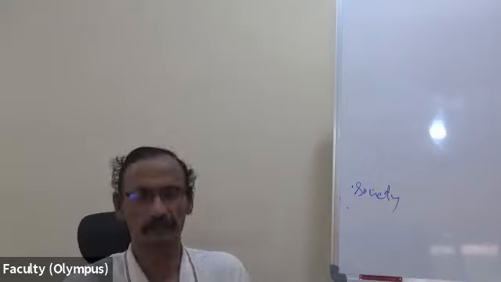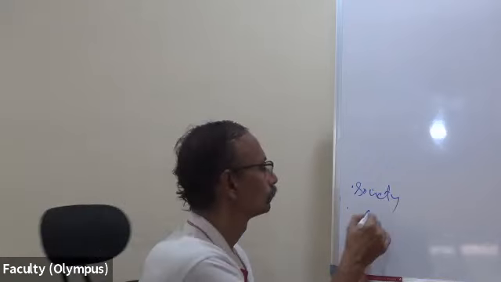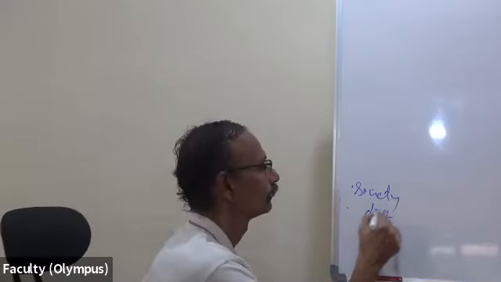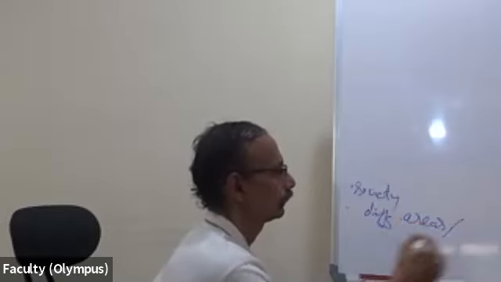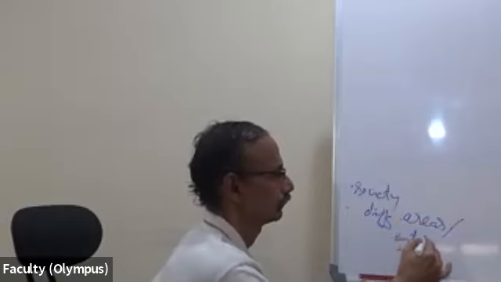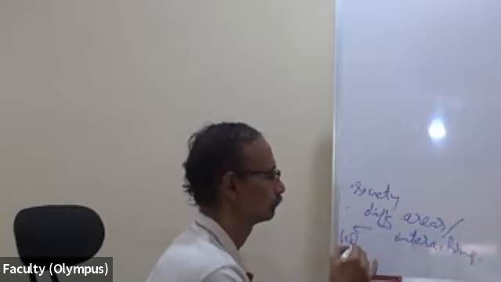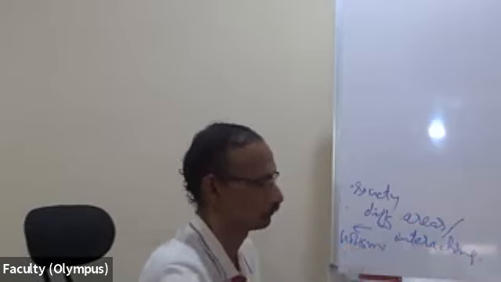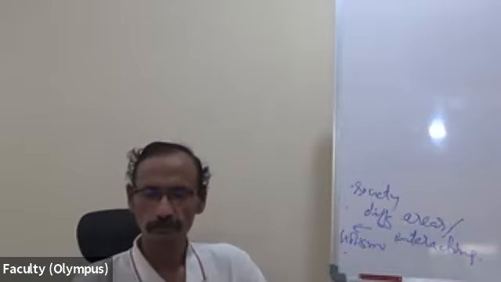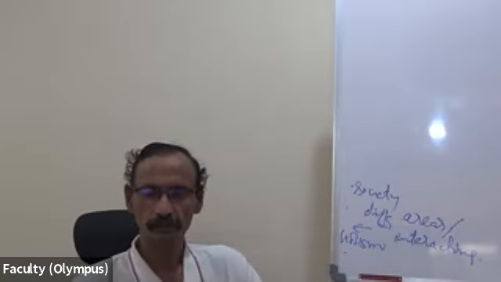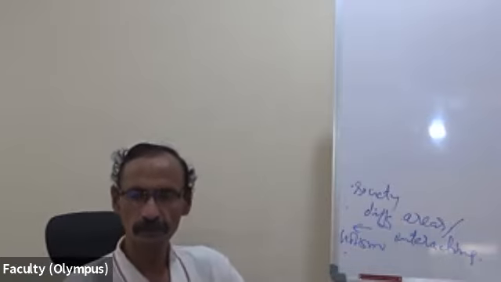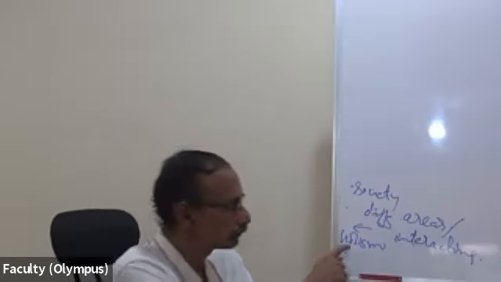Exactly, that's it. So different areas interacting, which is called holism. Okay, so this is study of society, and society consists of certain segments and the interaction. That is nothing but holism.